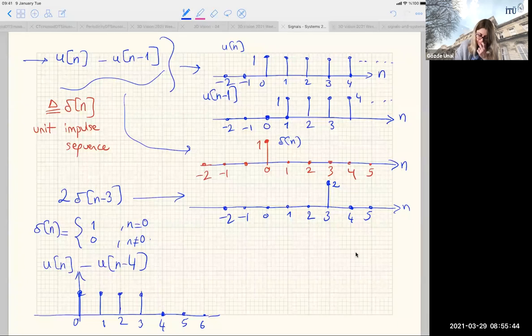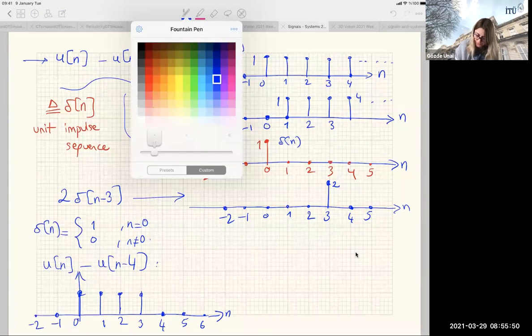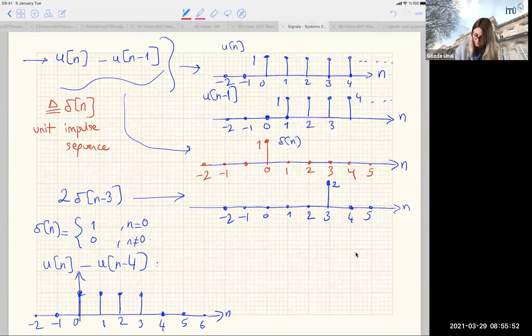This is now like a square pulse, right? This is to limit a signal to some certain time range.